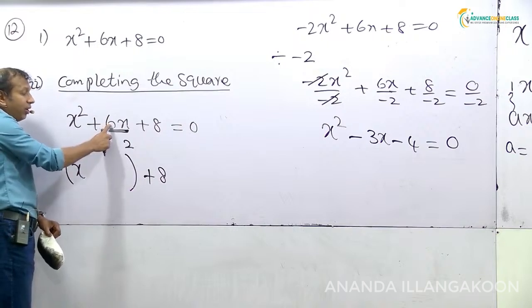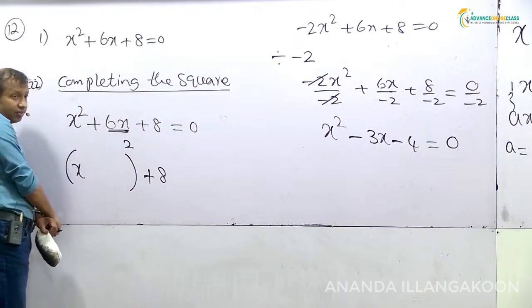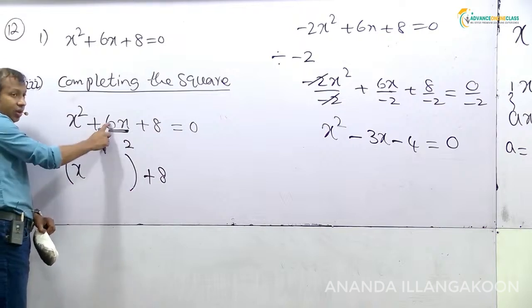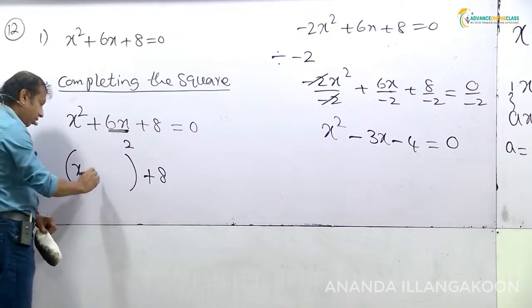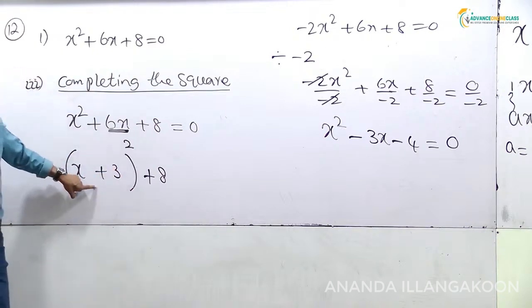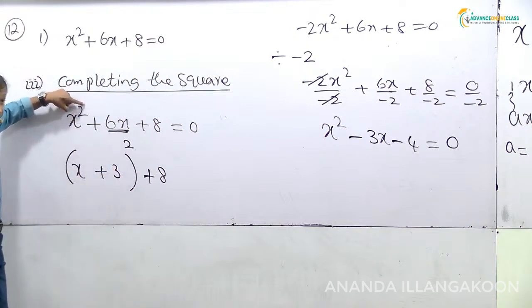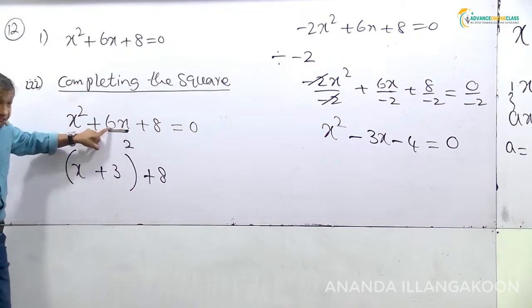When you divide 6 by 2, what do you get? 3. Understand? 6 we divide by 2, we get 3. What is the sign of that 3? Plus 3. We write plus 3 here. Is it clear? The terms we write inside the bracket: from x squared, without the square, only x. Second one, the x coefficient, divide by 2 and write the number.